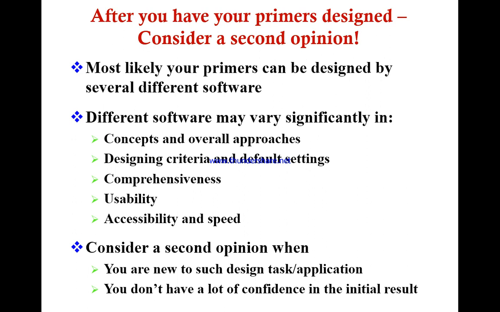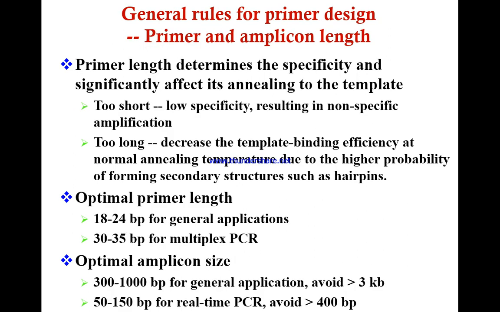Different software may vary significantly in concepts and overall approaches, design criteria and default settings, comprehensiveness, usability, accessibility, and speed. Consider a second opinion when you are new to such design tasks or you don't have a lot of confidence in the initial result.